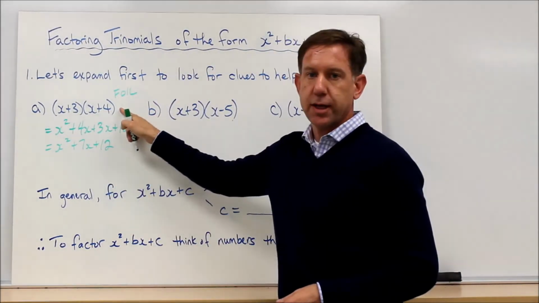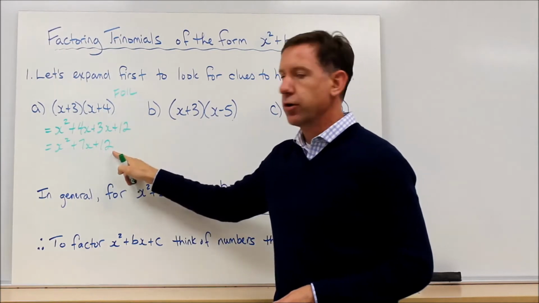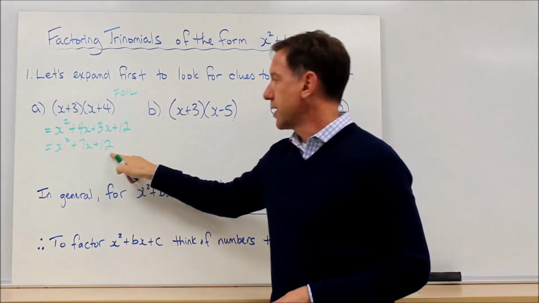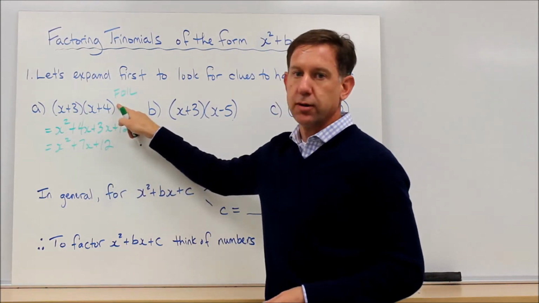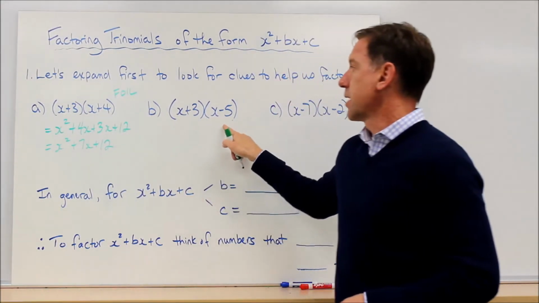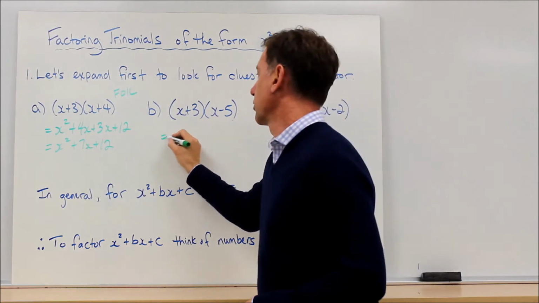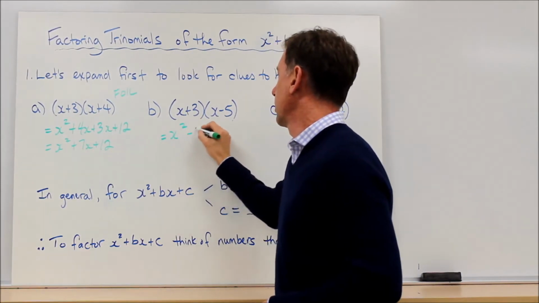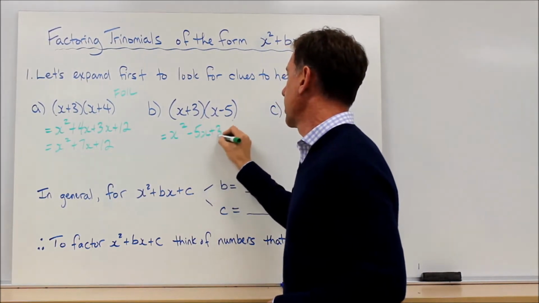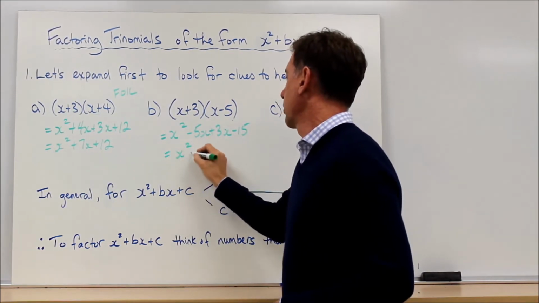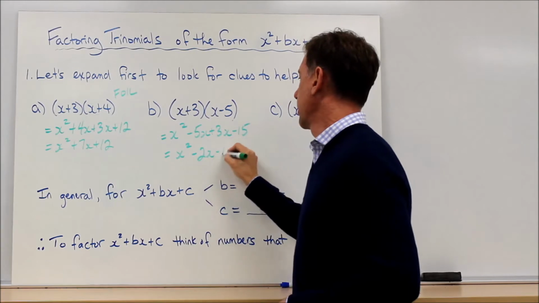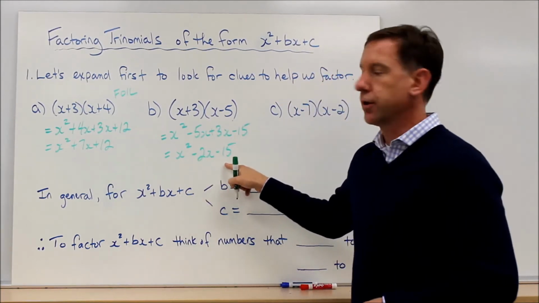So two binomials multiplied together give a trinomial. And what we're going to do is take this trinomial and factor it back into two binomials like this. Second example here, same thing. If I multiply this out, it's x squared minus 5x plus 3x minus 15, or x squared minus 2x minus 15. Again, another trinomial here.